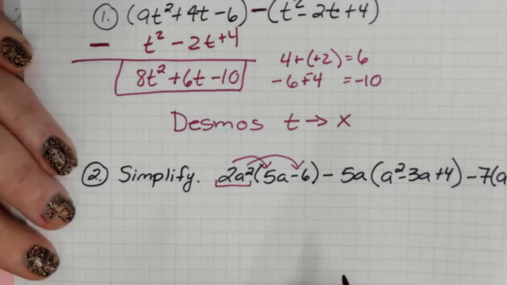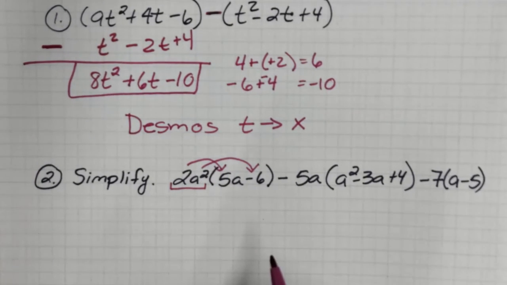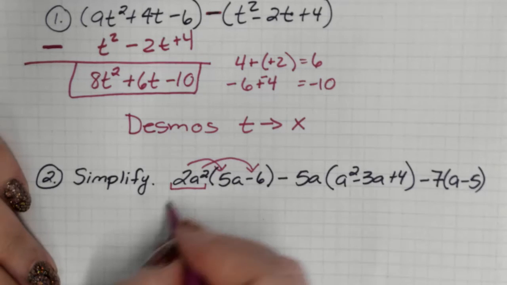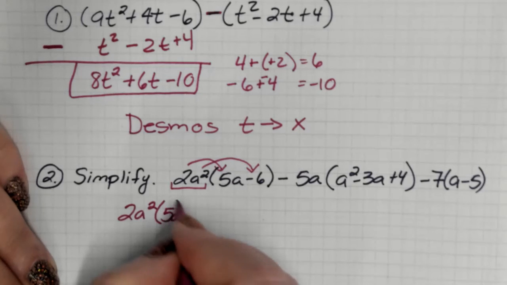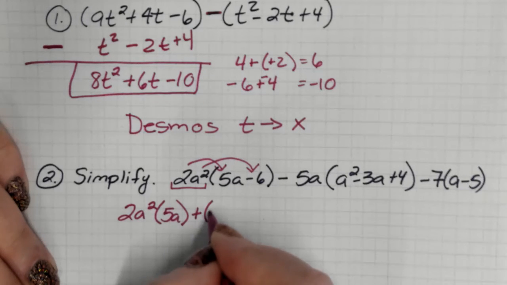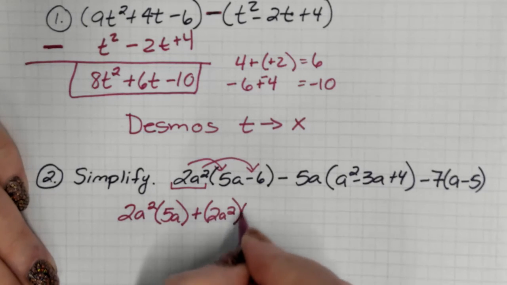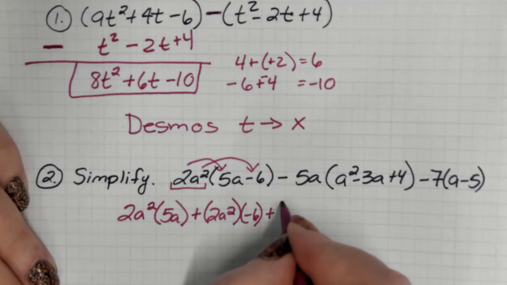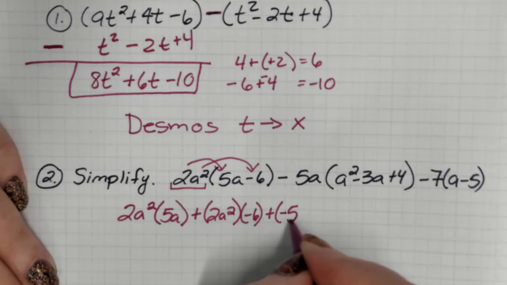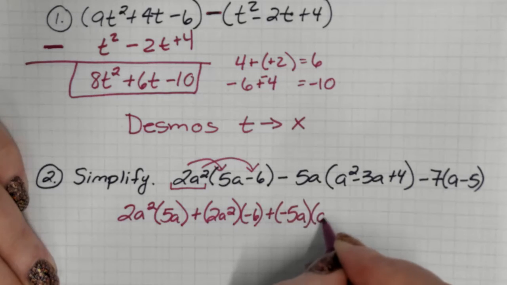I'm going to explicitly write it all out. You do not need to do all these steps if you don't need to. So 2a squared times 5a. 2a squared times negative 6. Put that minus with the 5a. Negative 5a times a squared.